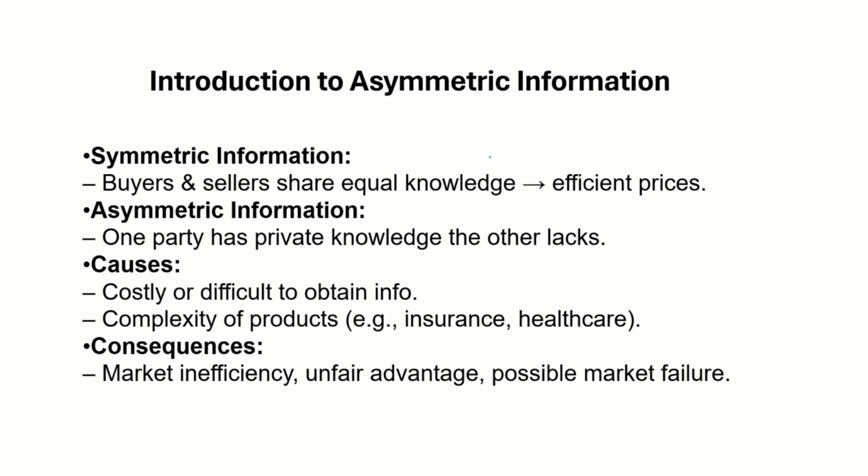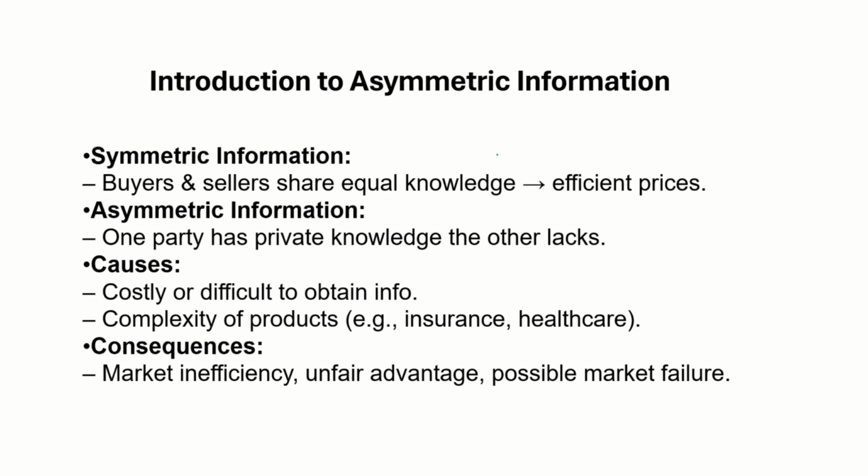Now we can see the two characteristics of asymmetric information. Simply put, it is where one party in a transaction has more or better information than the other. This imbalance can cause inefficiency in the market, as I mentioned earlier. Imagine you are going to buy a used car. You don't know much about the car's history.